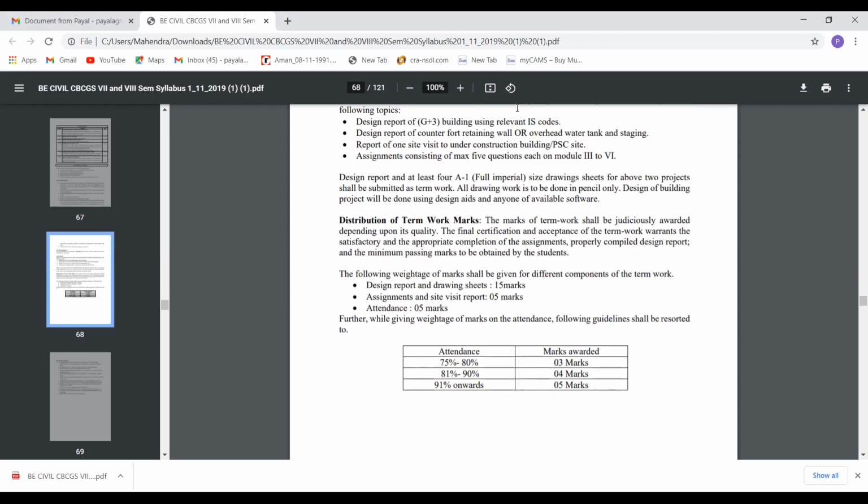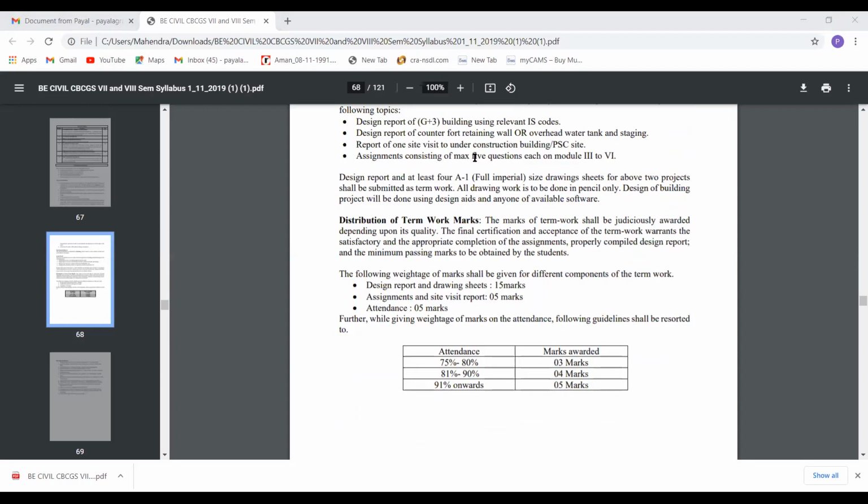So you need to attach a site visit report. Let's see what will happen. If the college starts and the university gives us permission for the site visit, then there will be one site visit for this subject, and you have to attach the site visit report in your term work. So your term work will be like this.